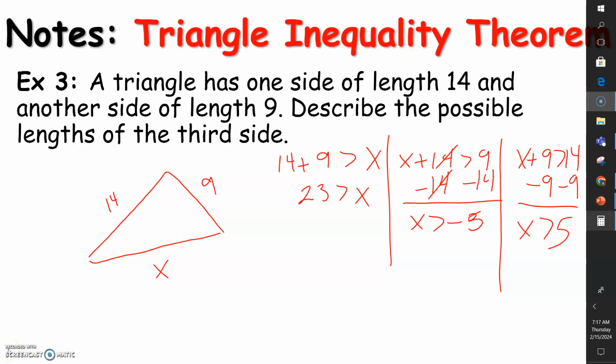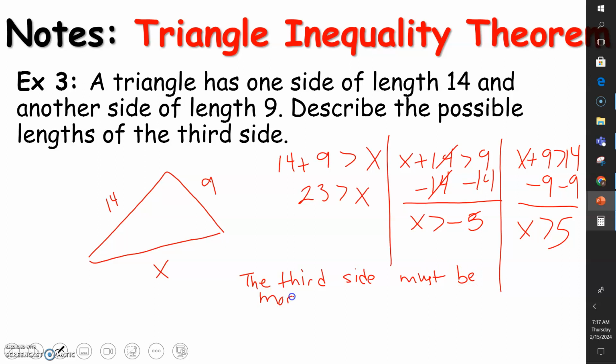All right, so now let's describe the possible lengths of the third side. We're going to say the third side must be more than 5. That is, we're going to include this one and not this one.